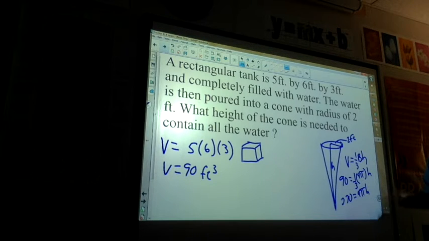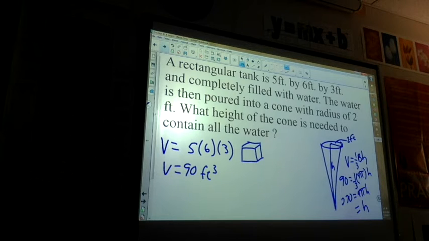So 270 divided by 4 times 3.14. Figure out what 4 pi is.